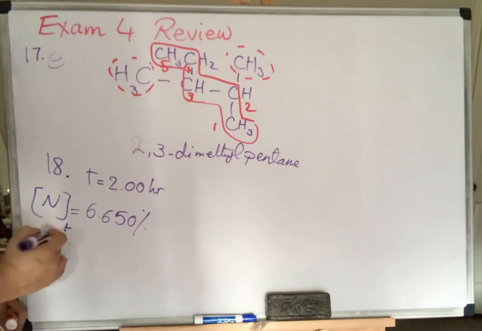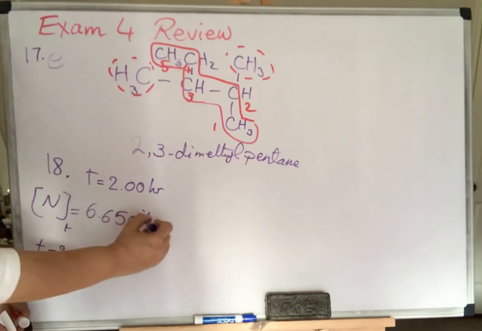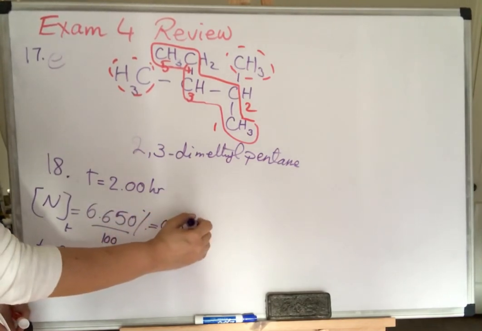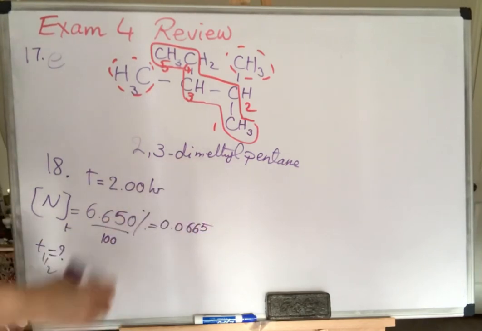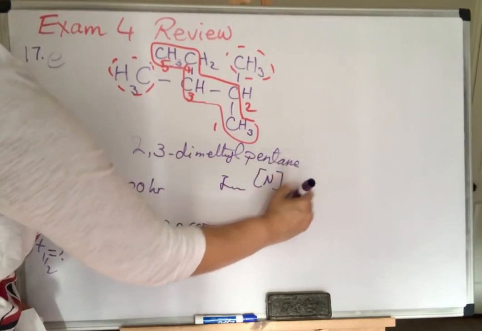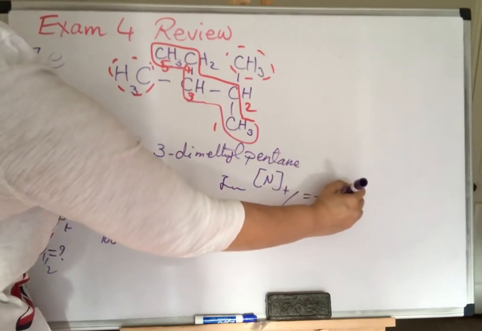What is the half-life? So we always change the percentage. You divide it by 100, it gives you 0.0665. And you have this formula, ln NT over N naught is minus KT.